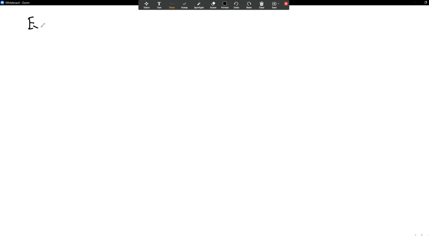Okay, I'll give you some exercises. So the first exercise will be this triangle. This is 94 degrees. This is 40 degrees.